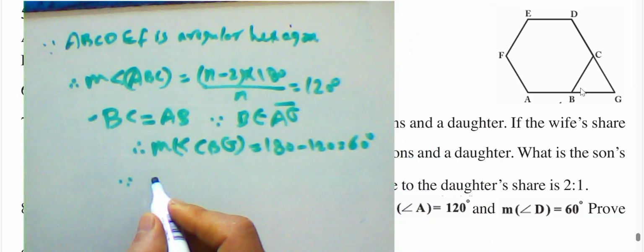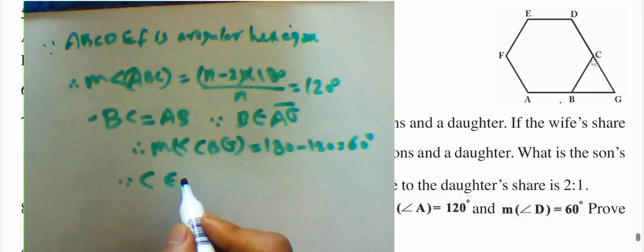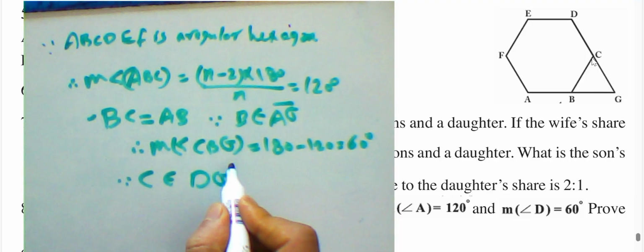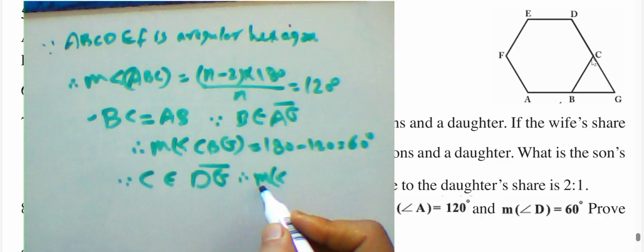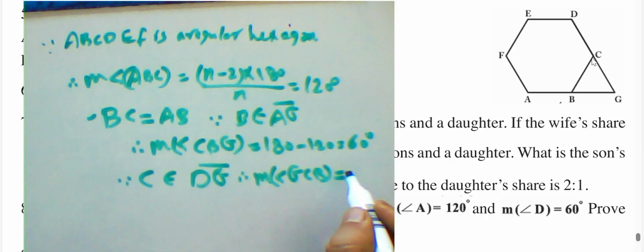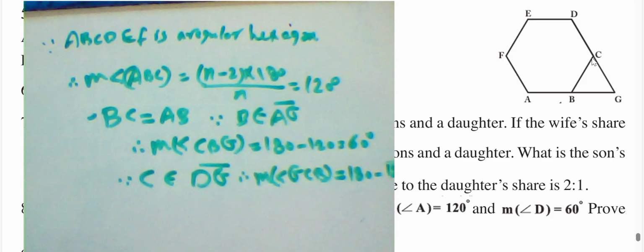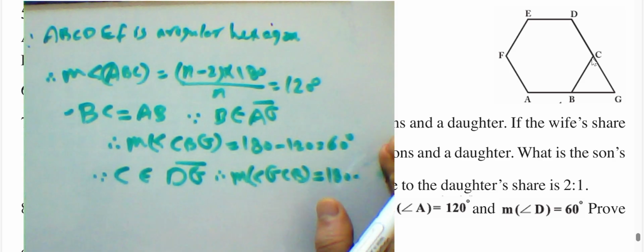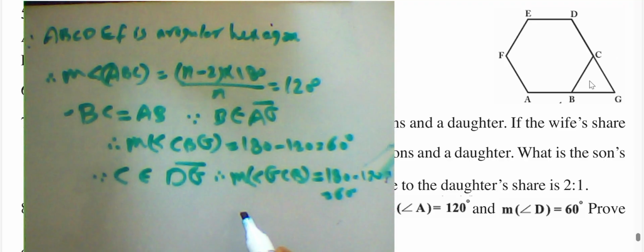Also, such that point C belongs to line segment DG, the measure of angle GCB equals 180 minus 120 equals 60 degrees. Then we have two angles here that are equal, 60 and 60.